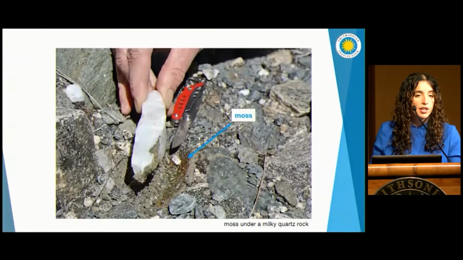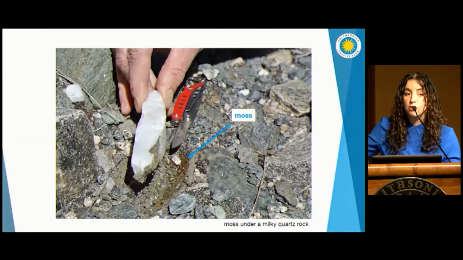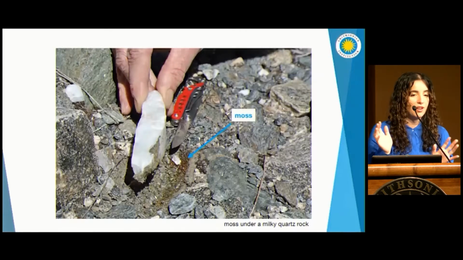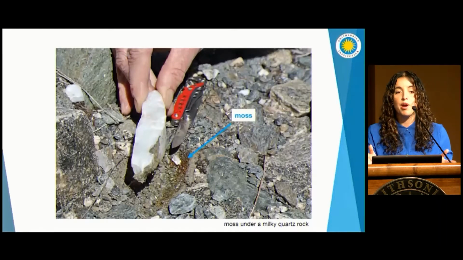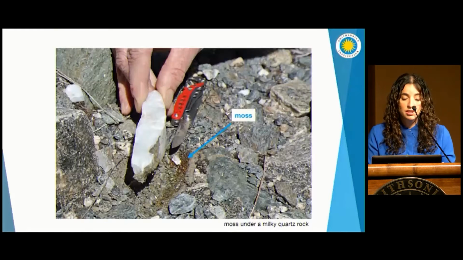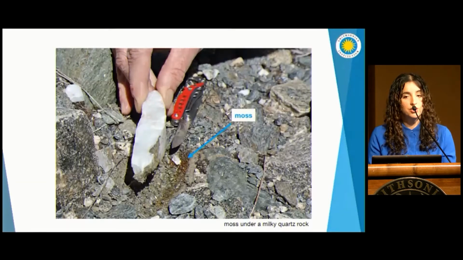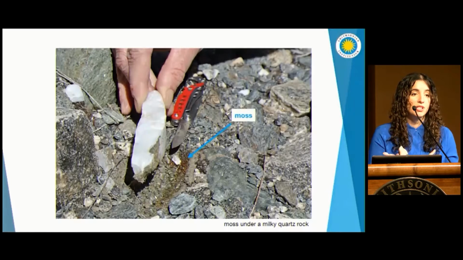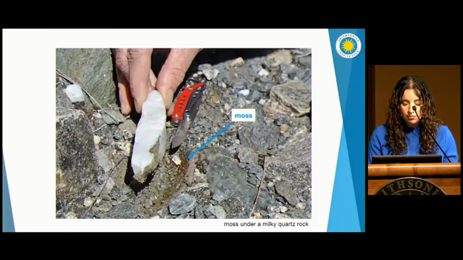My collaborator, Kirsten Fisher, picked up this white quartz rock, and we saw there was moss underneath. At first we thought, oh, how funny, the rock covered the moss, and the moss didn't die. We looked a little closer, and the moss was still hydrated, actually, which was super unusual because it was June, and it hadn't rained in weeks, and this moss was sitting there fully hydrated.